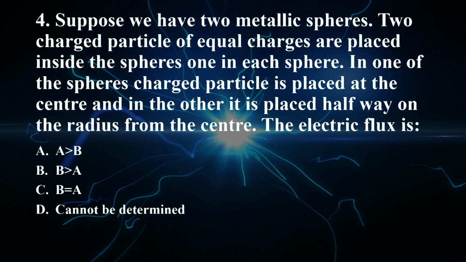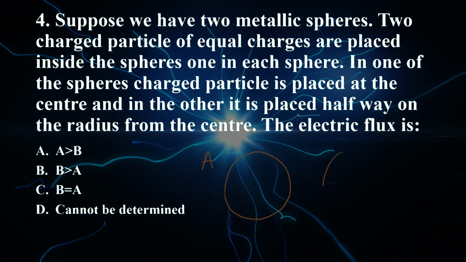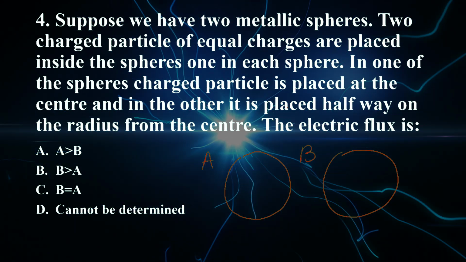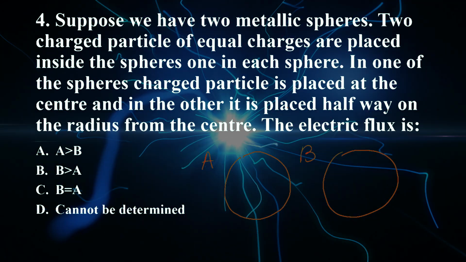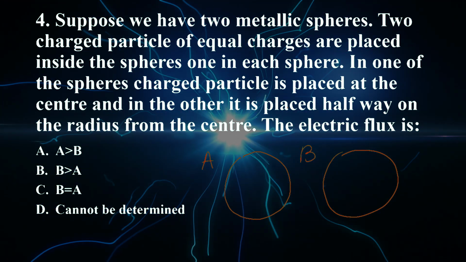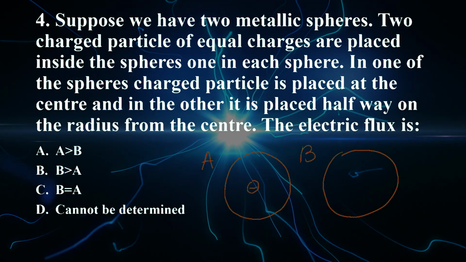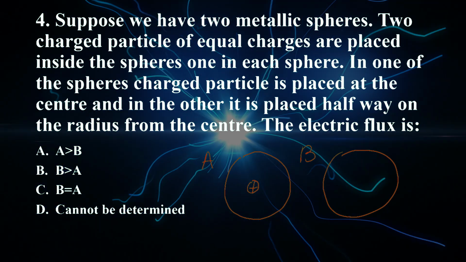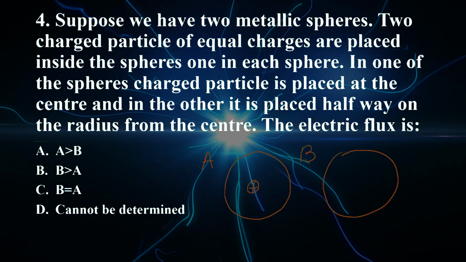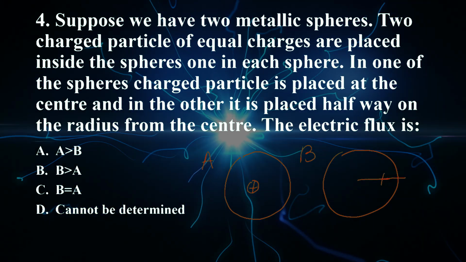So first of all, let's say this is sphere A and this is sphere B. In one of the spheres, the charged particle is placed at the center, and in the other, it is placed halfway along the radius from the center. So let's suppose, it's a radius, so it is halfway.